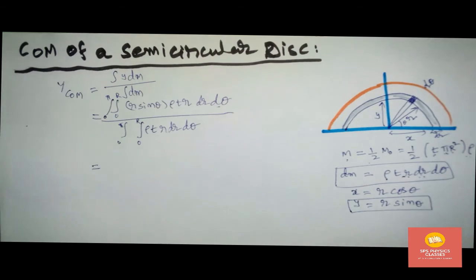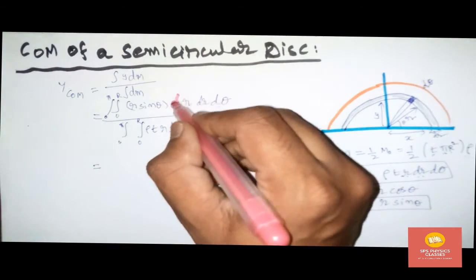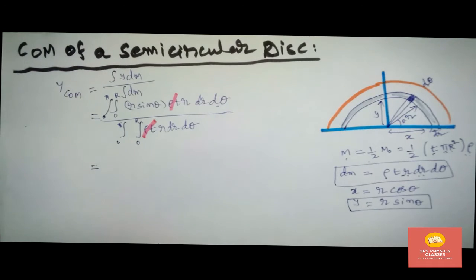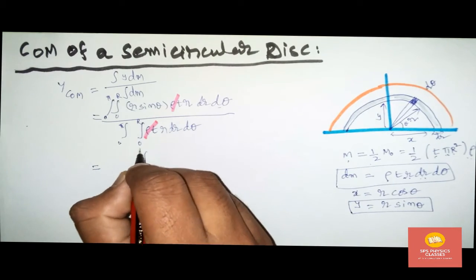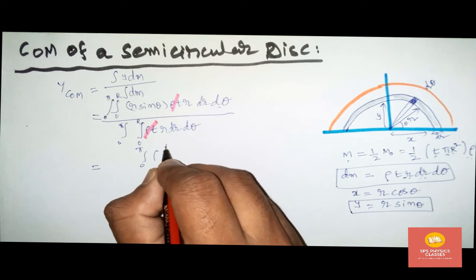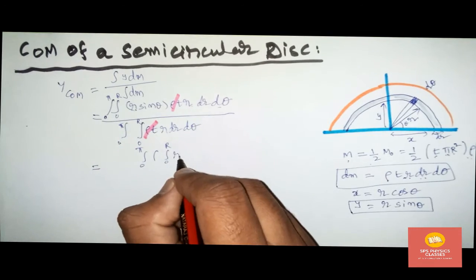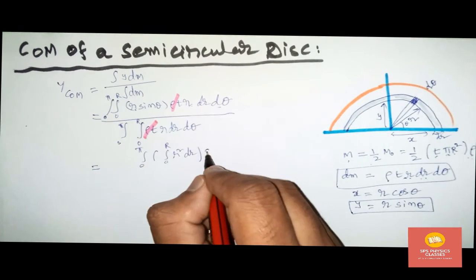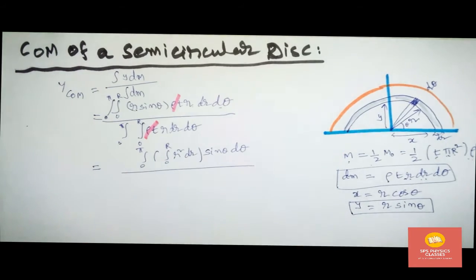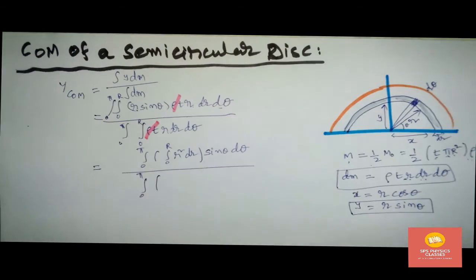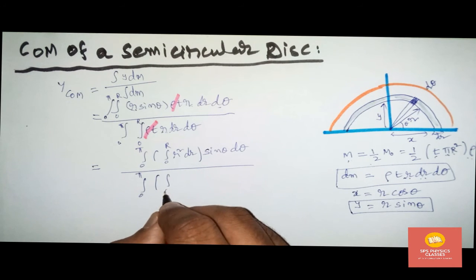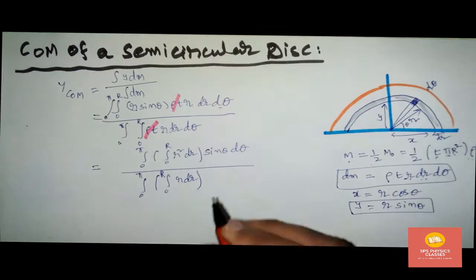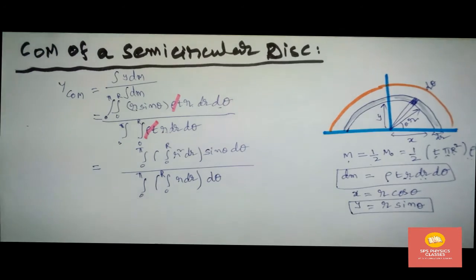In the given case, thickness and density of the material are constant, so we can cancel rho t in the numerator and denominator. Substituting the remaining values, the numerator is the integral of r into r square dr from 0 to r, times the integral of sine theta d theta, whole divided by the integral of r dr from 0 to r, times the integral of d theta outside.